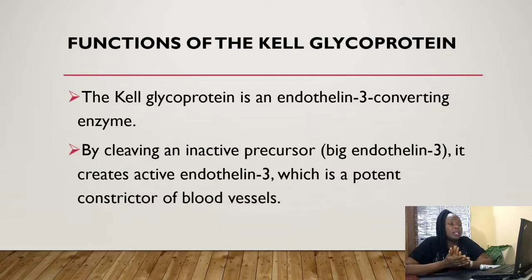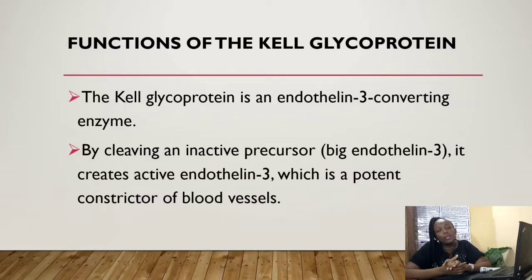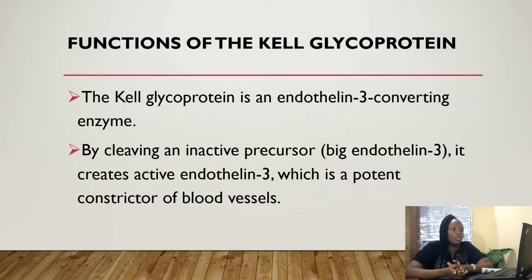Now, what is the function of this Kell glycoprotein? The Kell glycoprotein has an enzymatic function. It is an endothelin 3 converting enzyme. It cleaves the inactive precursor big endothelin 3 and changes it to the active form of endothelin 3. And this active form of endothelin 3 is a vasoconstrictor.